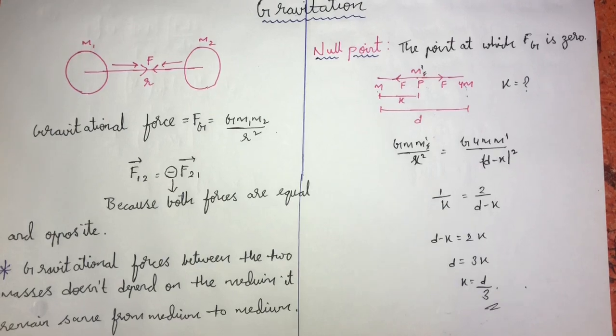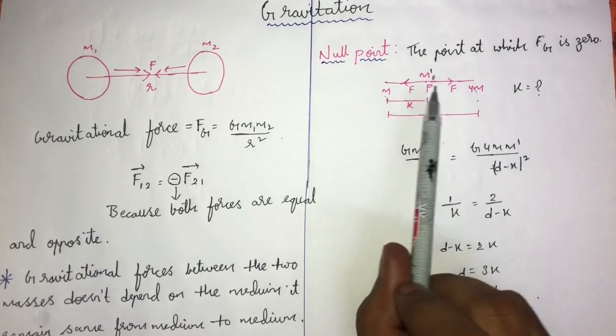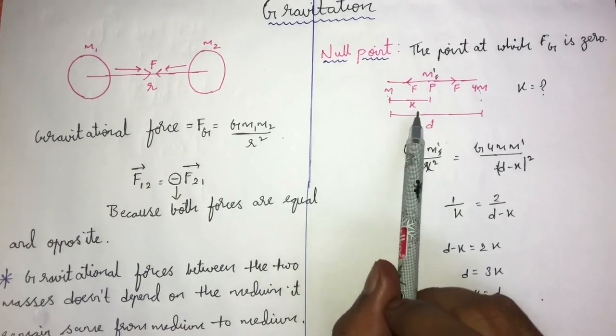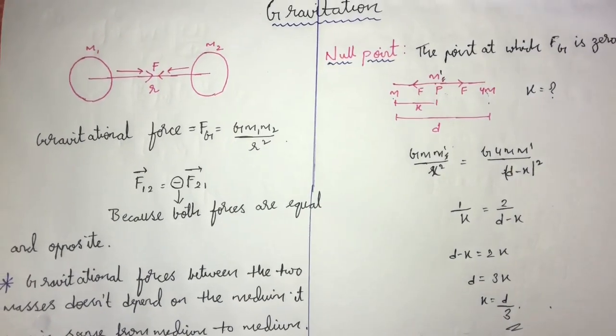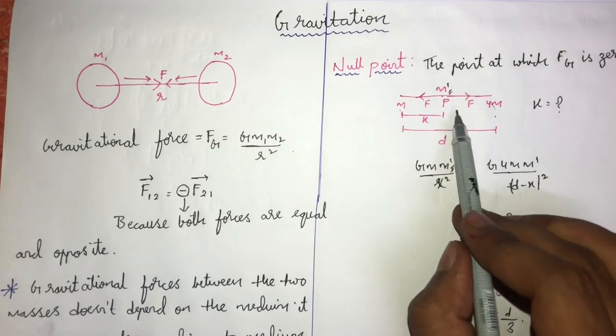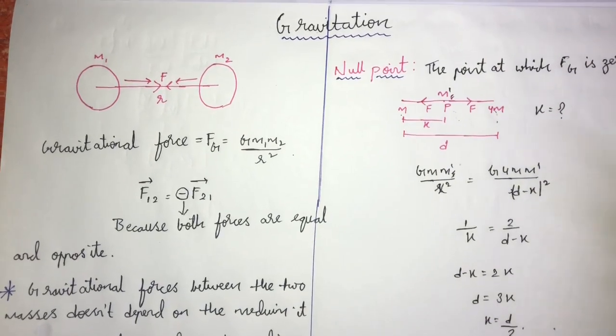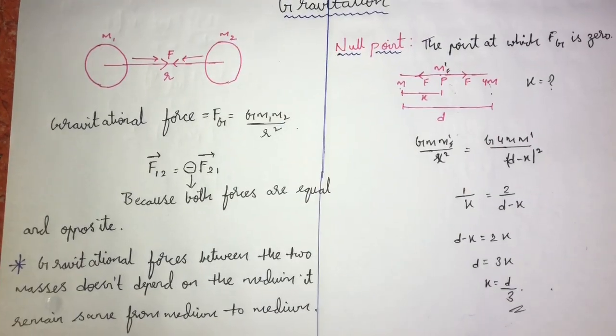That's it. Clear? So the distance between the m and m dash will be equal to d by 3. So if they ask us the distance between the 4m and m dash, then we are going to do d minus d by 3. It's nothing but 2d by 3.